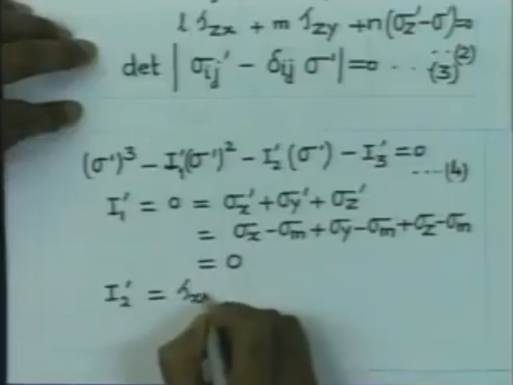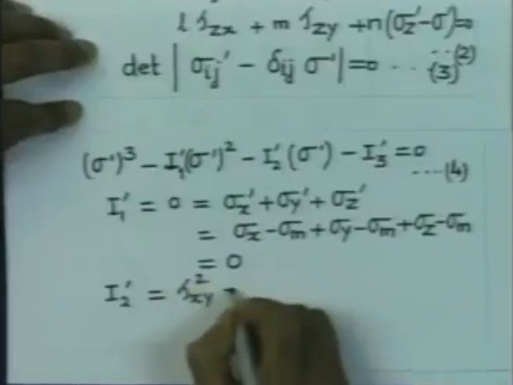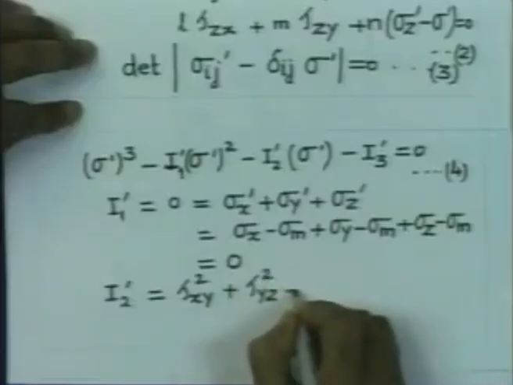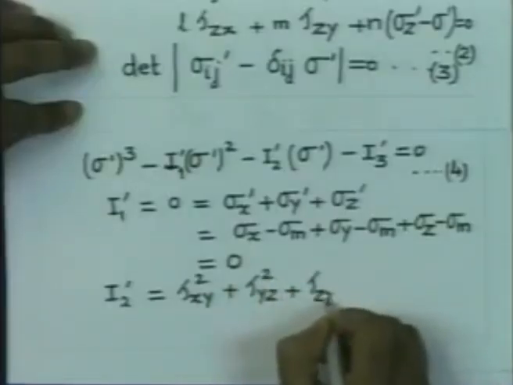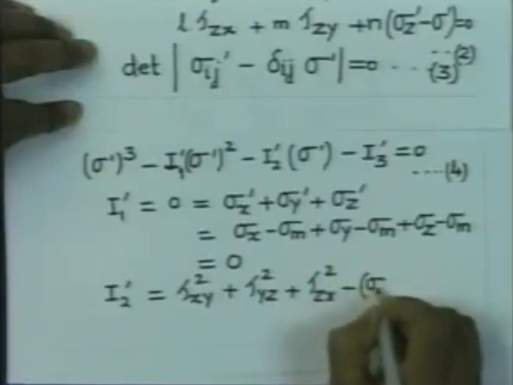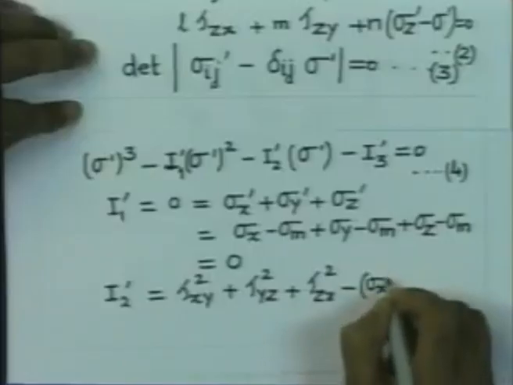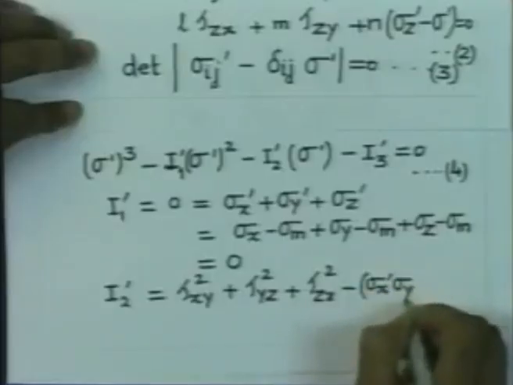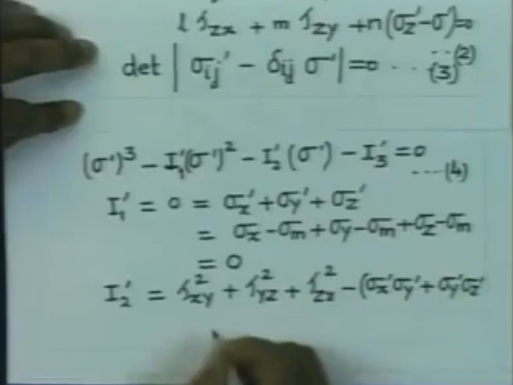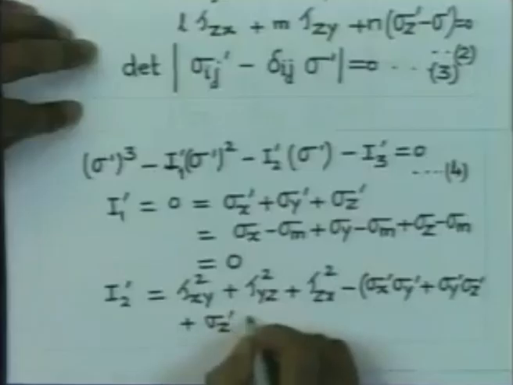It is going to be sigma tau xy square, tau yz square, tau zx square minus sigma x dash into sigma y dash, sigma y dash into sigma z dash plus sigma z dash into sigma x dash.